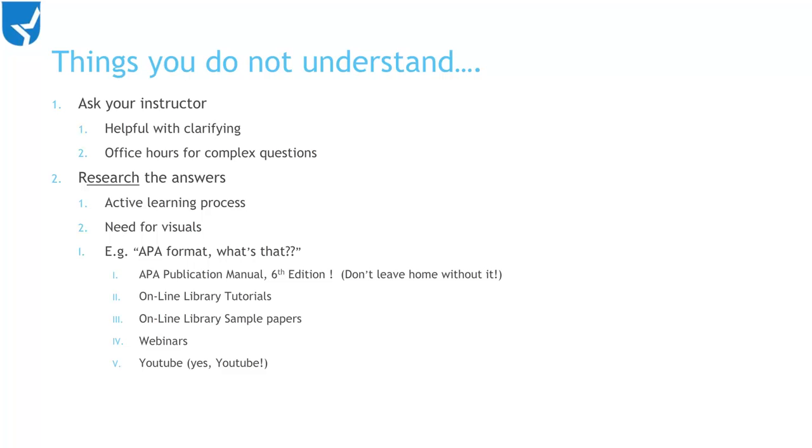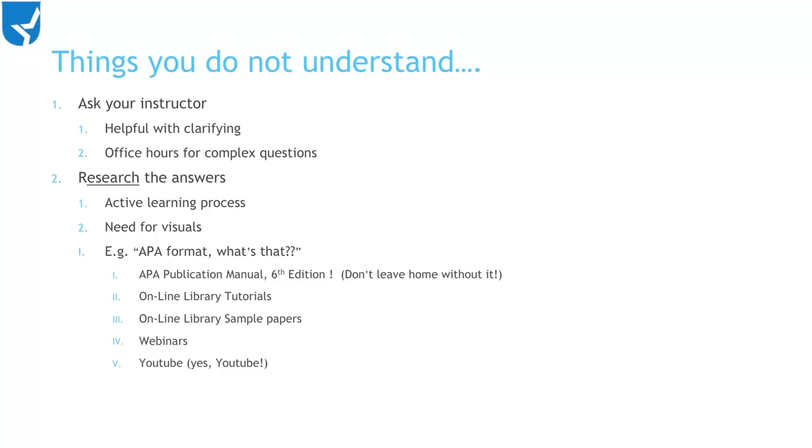Another time that research is particularly helpful is if you're trying to learn a concept that has a visual basis. So for instance, APA format. If you don't know what APA format is, you can call your instructor and ask them, but it's something that you really can't explain to somebody on the phone. You actually have to see it.